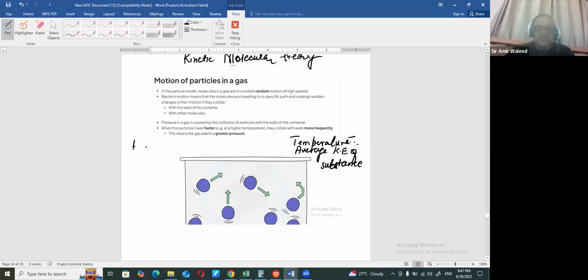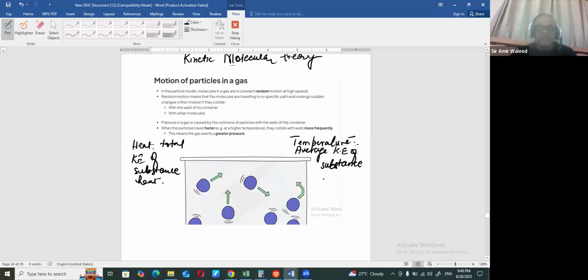Heat is the total kinetic energy of a substance. So when you give heat to the molecules, they go here and there due to the energy provided by the source. That total kinetic energy is called heat, but the average one is called temperature.